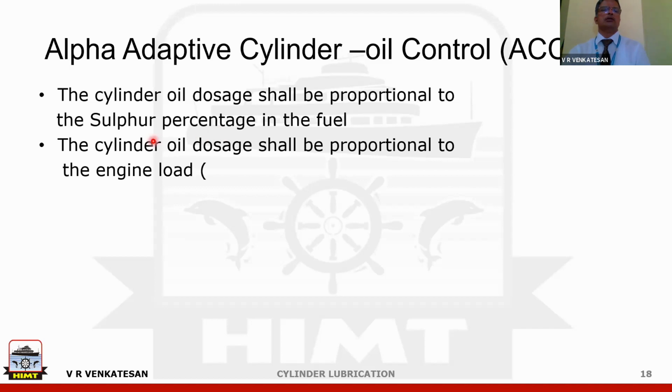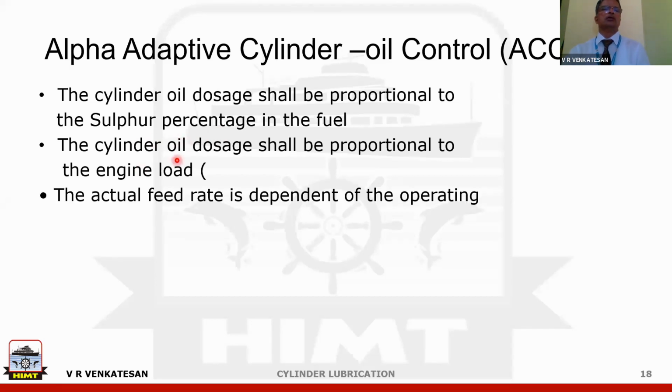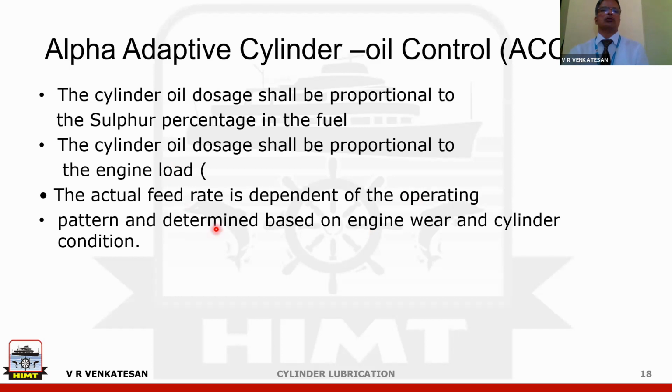So two main factors will be this: what is the sulphur percentage and what is the engine load? And in addition, you can also change the feed rate according to the engine wear down or cylinder condition. So it is very easy for the engineer on board to control cylinder lubrication on each cylinder according to fuel and according to engine load.